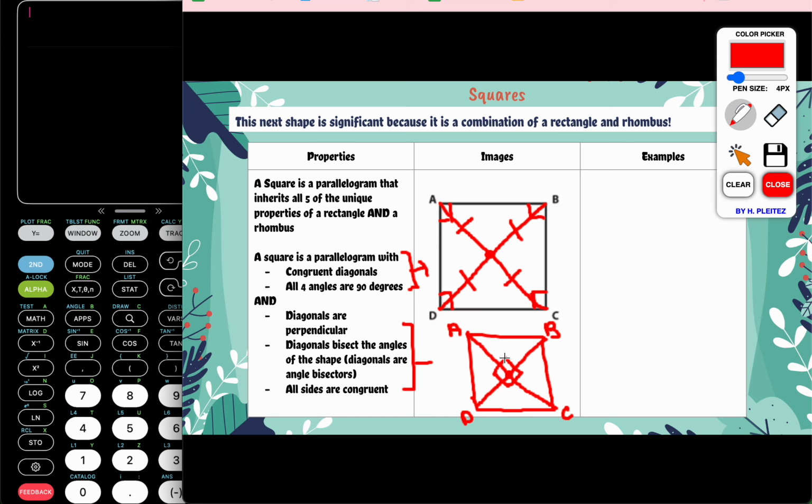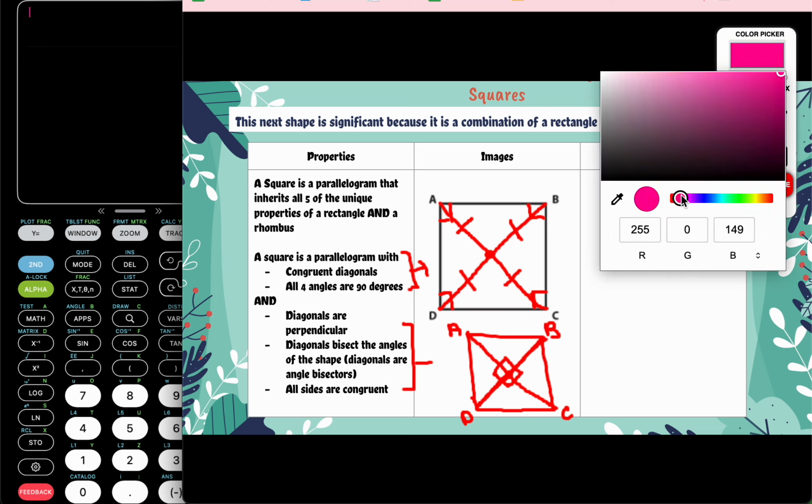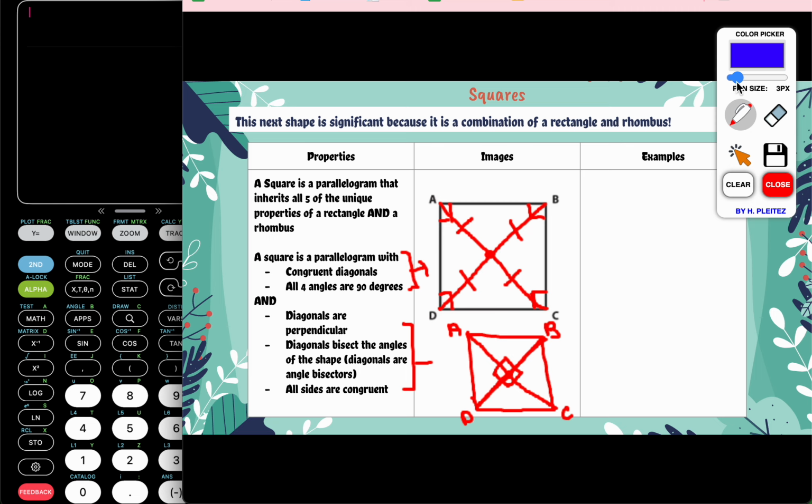So that means that these diagonals are cutting angles A, B, C, and D up into even pieces. Now, we can make another observation here because we know that all 4 angles are guaranteed to be 90 degrees. So if all of these angles are being bisected, we can even more strongly label the fact that each smaller piece of those angles is going to be 45 degrees.